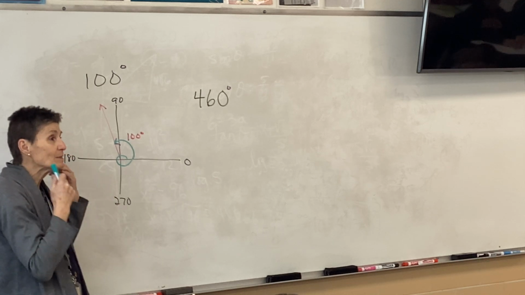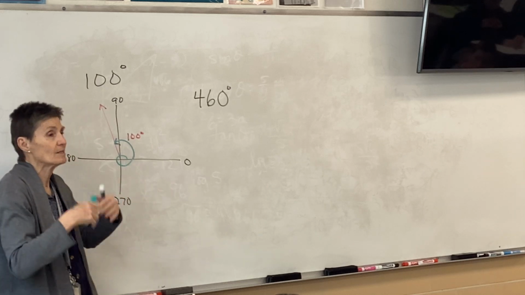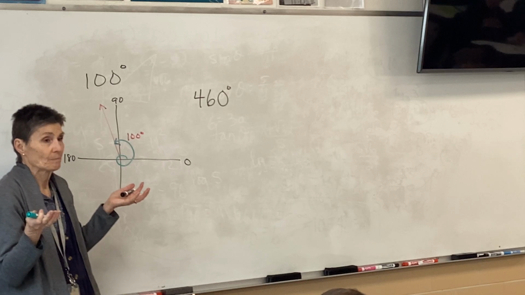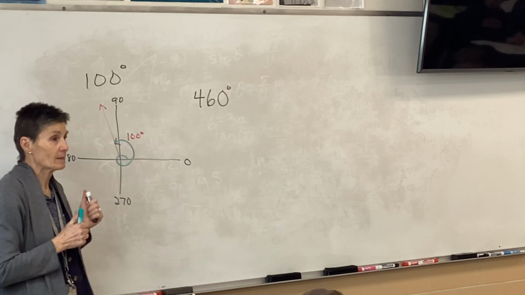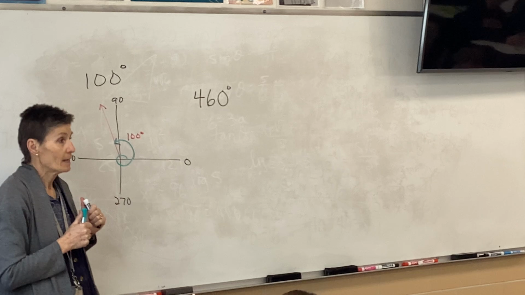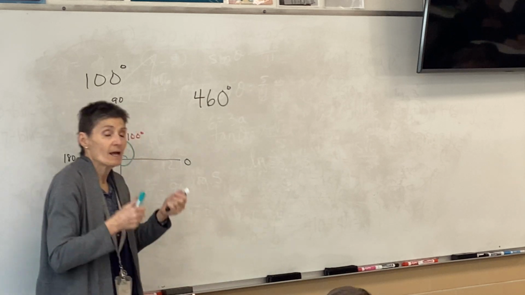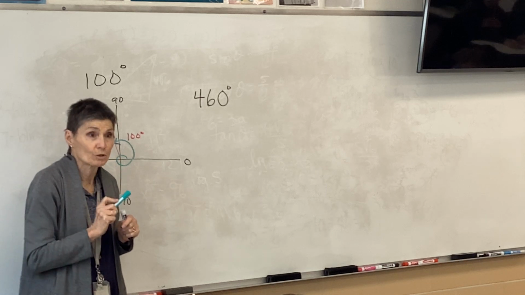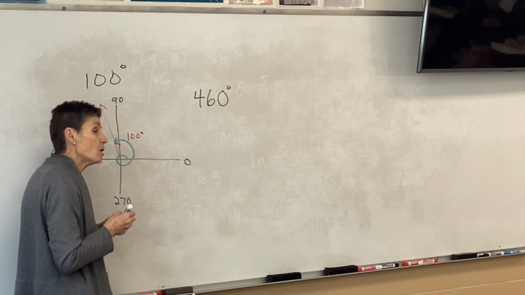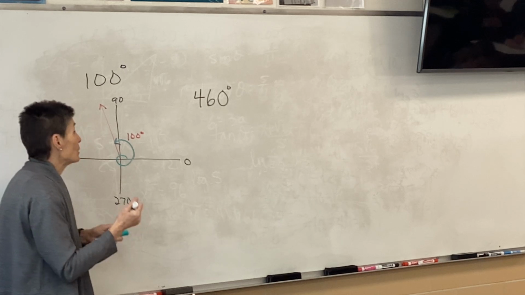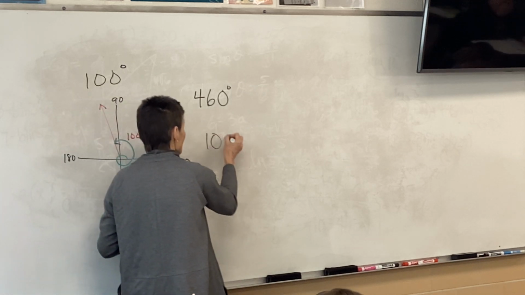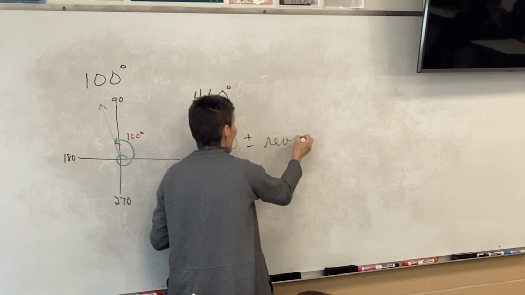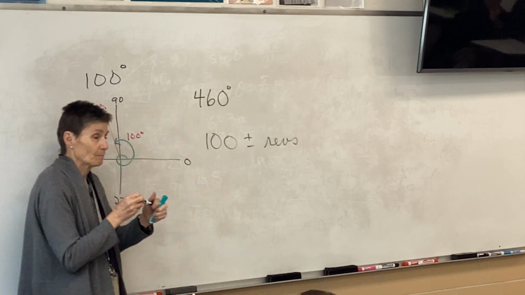Now, how did I get 460? I didn't just make that up and get lucky. What did I do to get 460? I took my original angle and added 360. And why is 360 special? Because 360 is a revolution. To find coterminal angles, you start with your given angle, which in this case is 100, and you add or subtract revolutions.